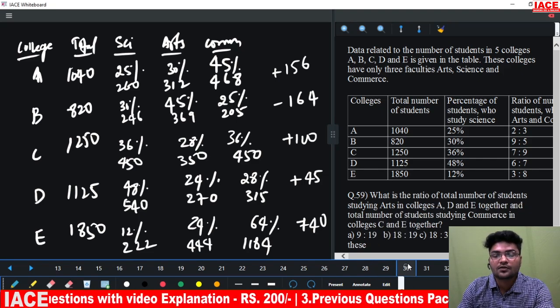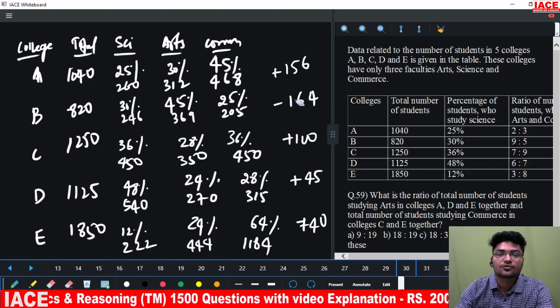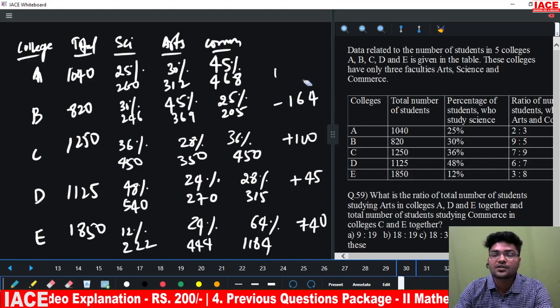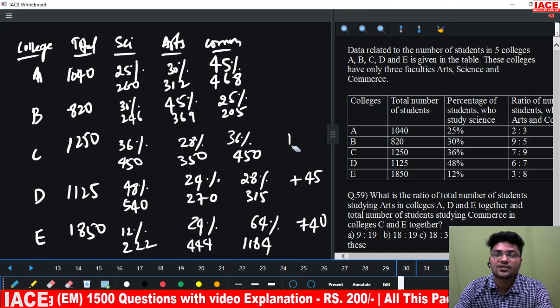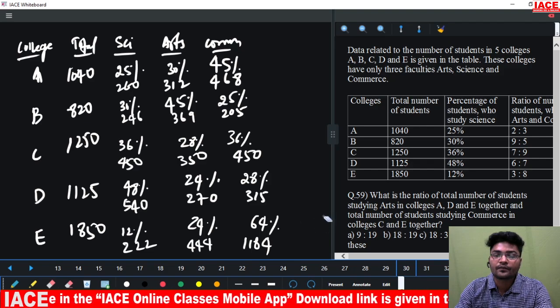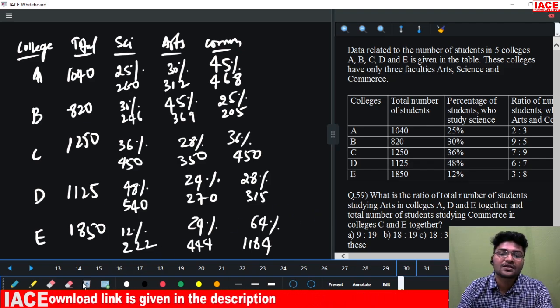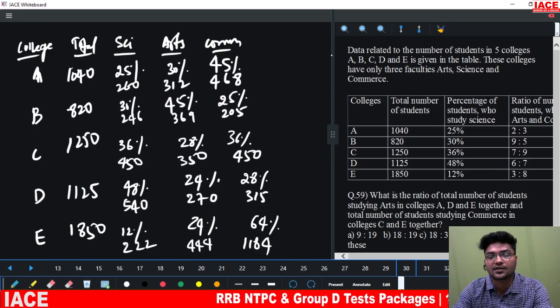Next, question number 59. What is this question asking us to calculate? What is the ratio of the total number of students studying arts in colleges A, D, E together, and the total number of students studying commerce in C and E together?